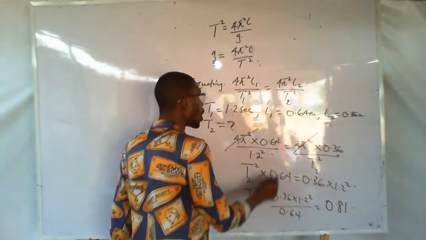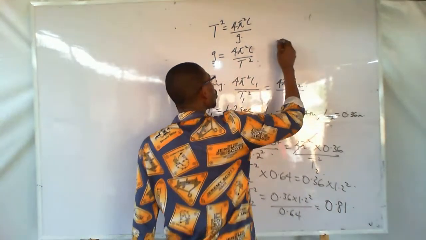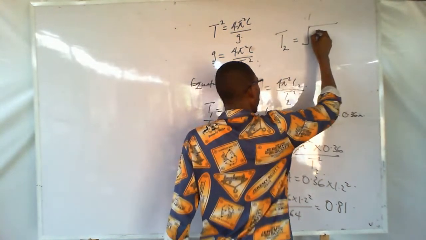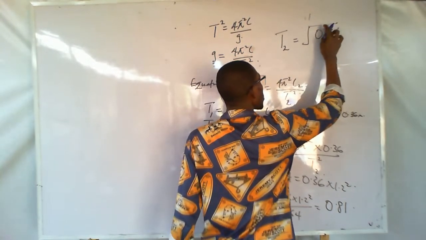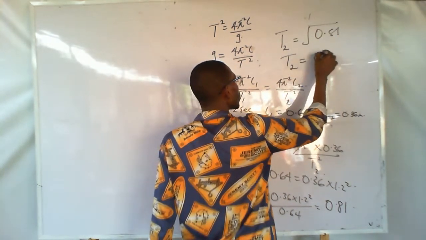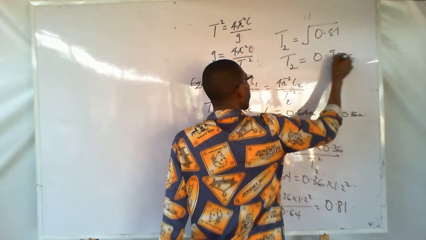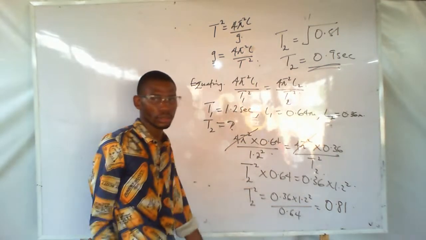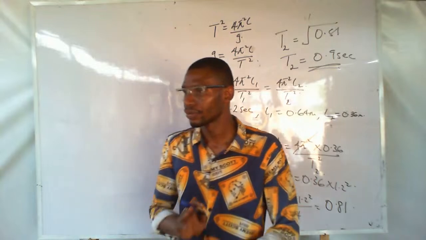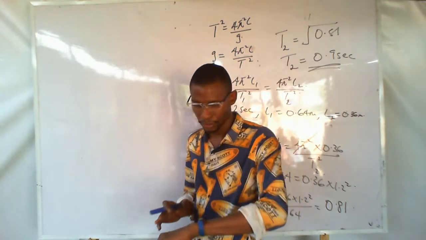So now let's find the square root. So our conclusion: T2 will be equal to the square root of 0.81, that's 0.9 seconds. That's your final answer.